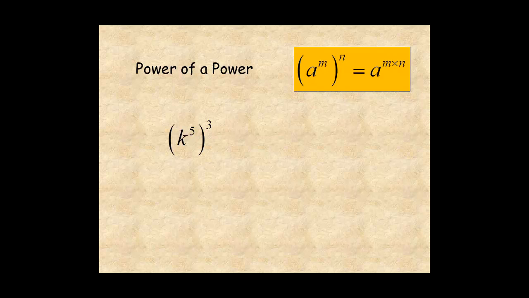Here are some examples of how to apply these rules. For this expression, k to the power of 5 to the power of 3, multiply the exponents. 5 times 3 is 15, for k to the power of 15.